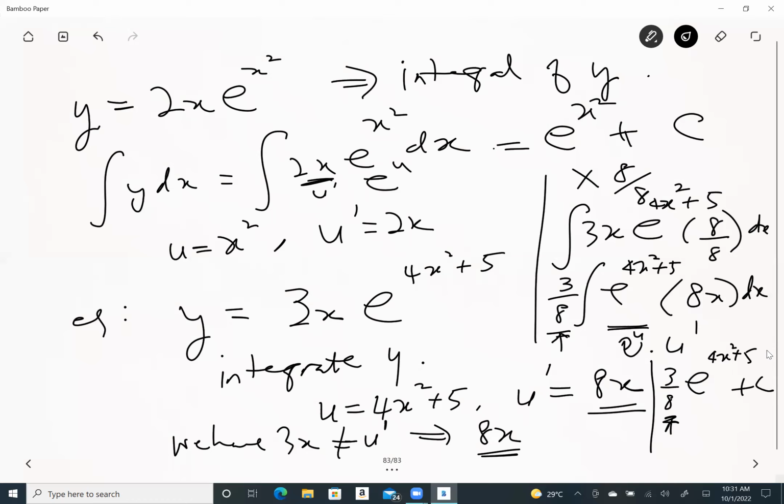All right, so remember that. Don't quickly forget. If you don't have the u prime that we want, then you can make the multiplication by the ratio of the same constant, in order for us to get the u prime.